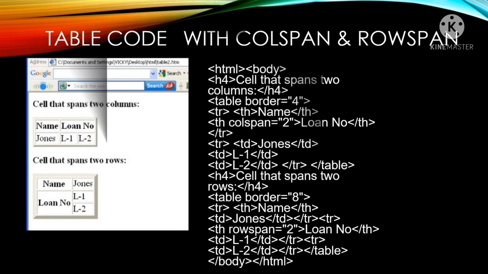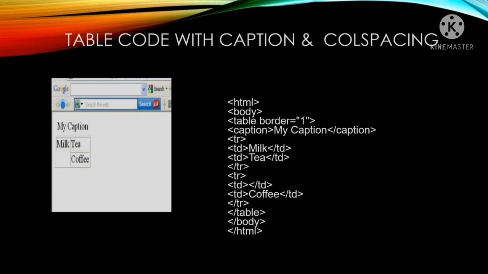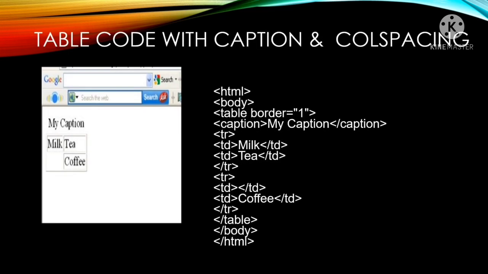The example over here shows how the rowspan and colspan tags have been used in this particular table of the HTML static web page. In the example given here, the table has been captioned using the caption tag.